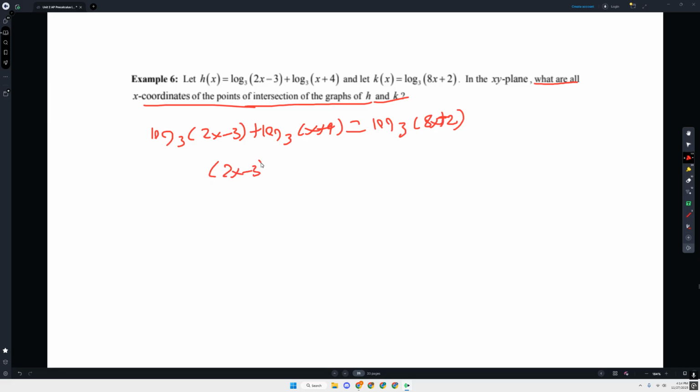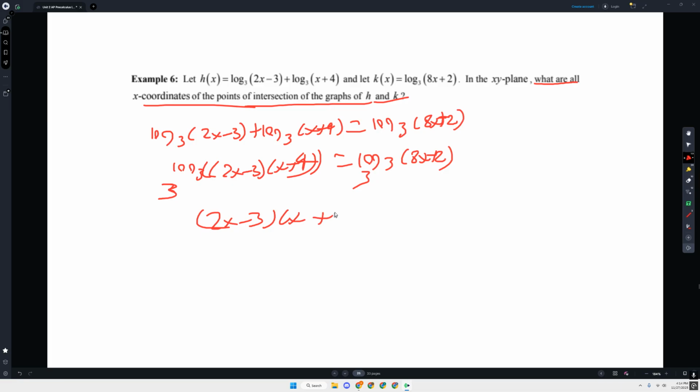So this would be log 3 of 2x minus 3 times x plus 4 is equal to log 3 of 8x plus 2. And now we will simplify by raising both sides to the power of 3. So that would be 2x minus 3 times x plus 4 is equal to 8x plus 2.